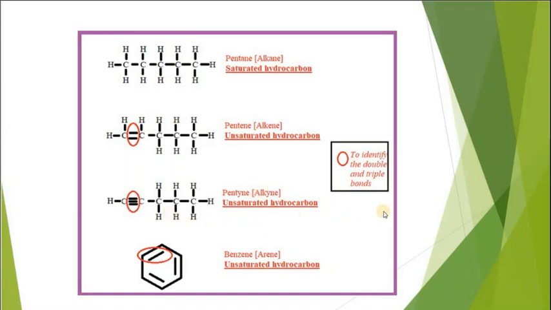This circle is indicating the double and triple bonds. Similarly, another compound, benzene, is usually called an arene as well. This is also an unsaturated hydrocarbon having 3 double bonds and 3 single bonds in alternate positions to each other.